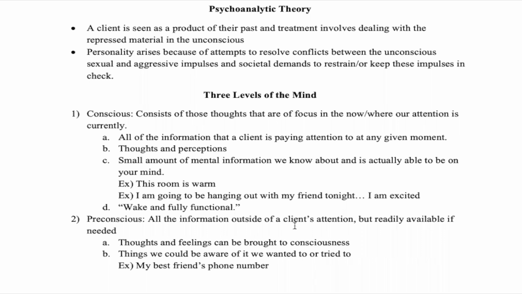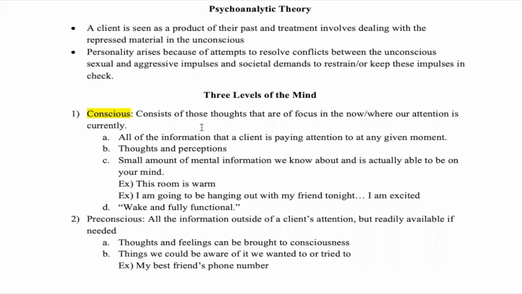However, let's examine the three levels of the mind before we get into that. The first level of the mind is going to be the conscious. This is where you have thoughts in your focus that you can easily focus on at any given moment. If somebody is conscious, they're awake and they're aware of everything going on around them.